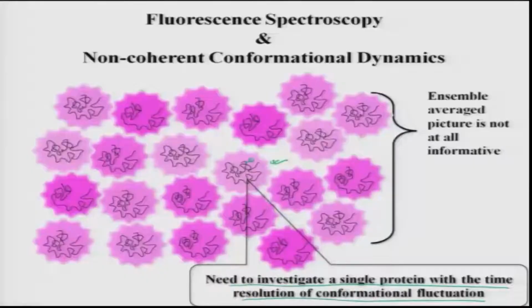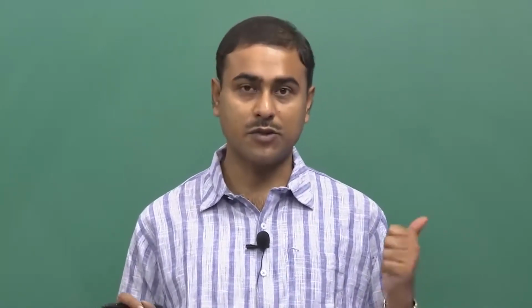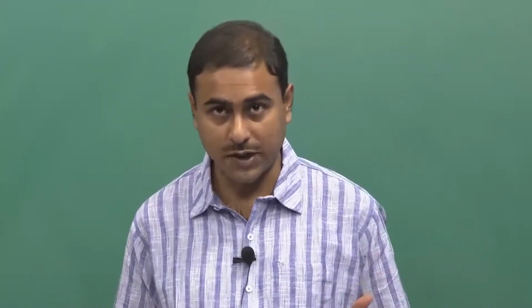If it is fluctuating, its fluorescence intensity must fluctuate, because I have a fluorophore over here and a quencher present over here. So if I sit on this particular biomolecule and see how the fluorescence intensity changes with time, I should be able to comment on the conformational fluctuation dynamics of this biomolecule.